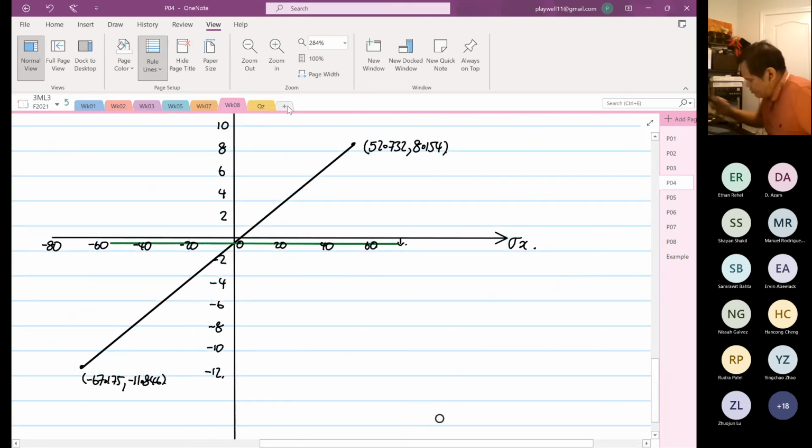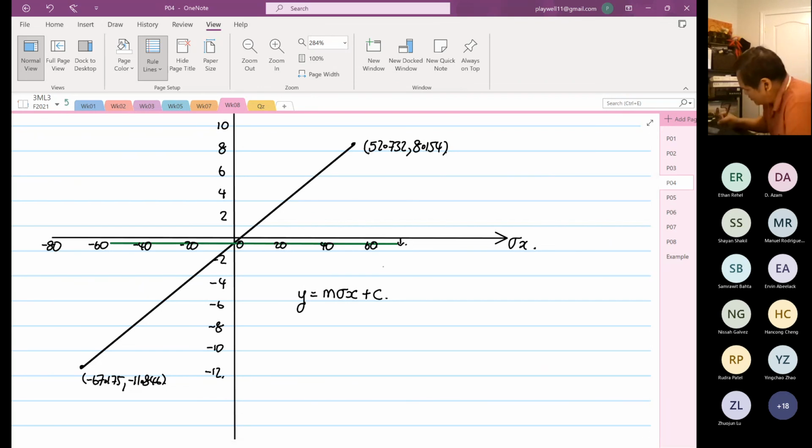The math we're going to use is y equals gradient times stress x plus c. It's a simple equation. What we want to find is c, which is the y-intercept.